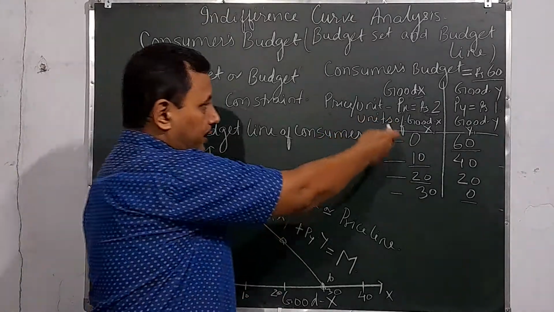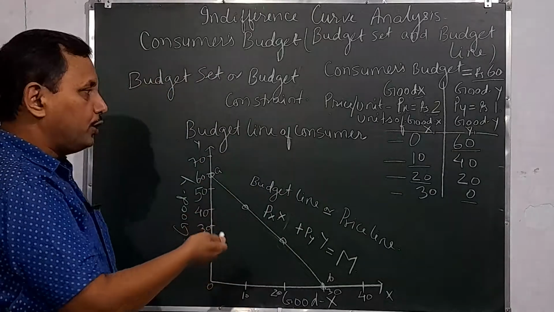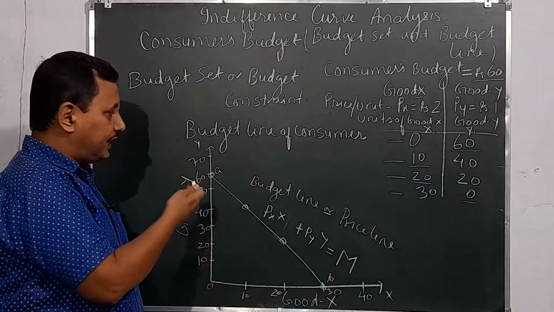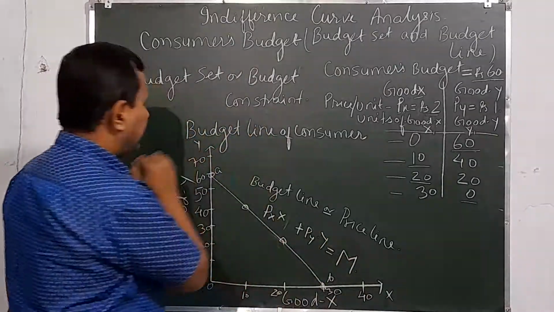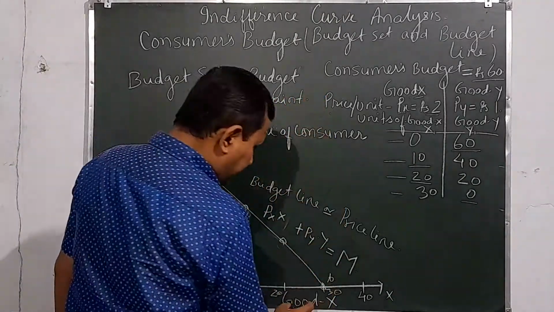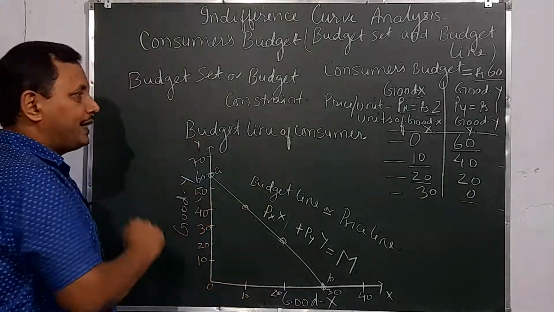So we are going to represent the budget set graphically. For that I have taken two axes, the X axis and the Y axis. I have shown the quantity of good X on the X axis and the quantity of good Y on the Y axis.